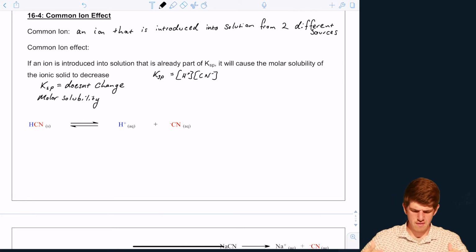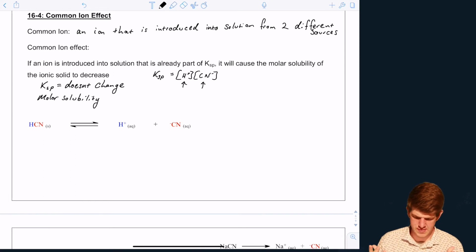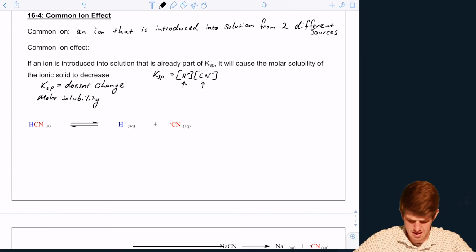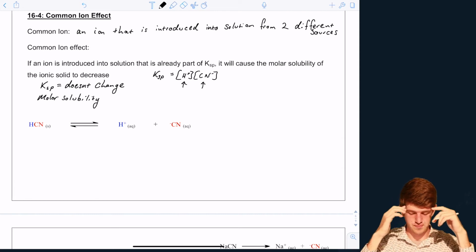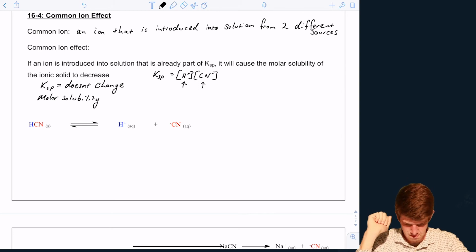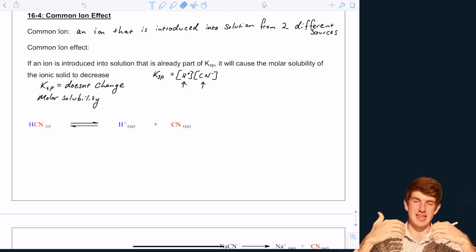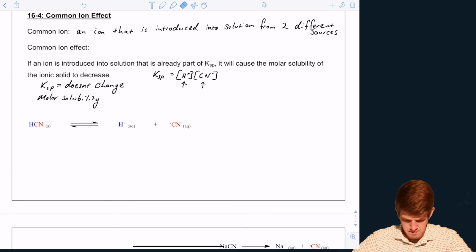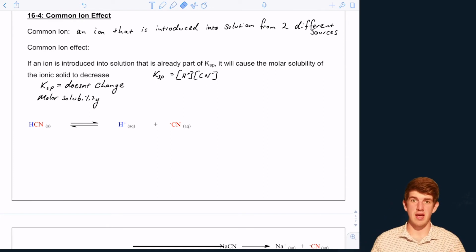And so if I already have a solution that's at equilibrium, I have the maximum amount of H plus and CN minus dissolved into solution. So what's going to happen when I introduce more of one of those ions?